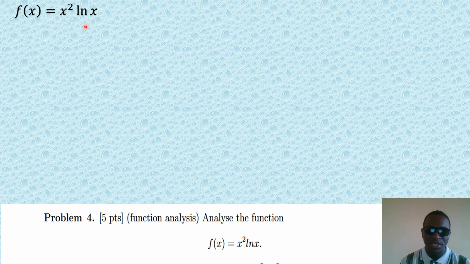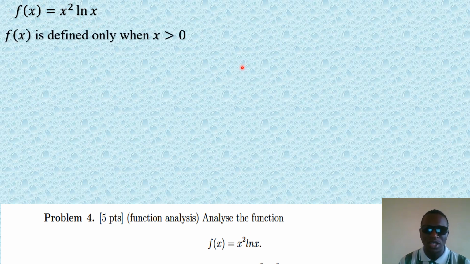This function will be defined only when x is strictly greater than 0, because natural log of x is defined only for values of x strictly greater than 0. When it is equal to 0, the graph turns to negative infinity. I know you are familiar with the graph of natural log of x. So in this case, our function f of x is defined only when x is strictly greater than 0.